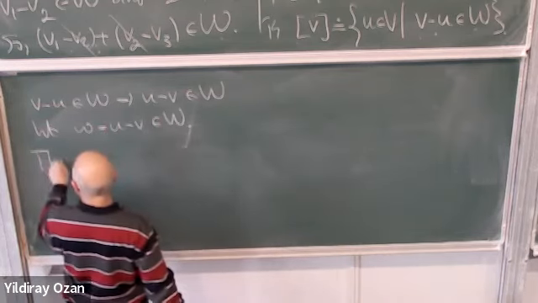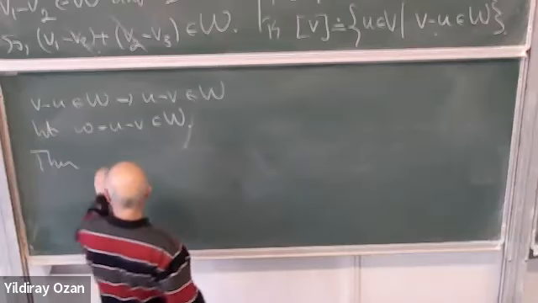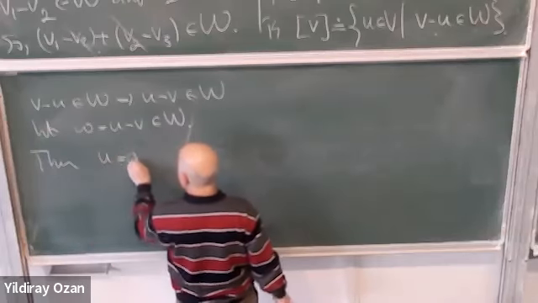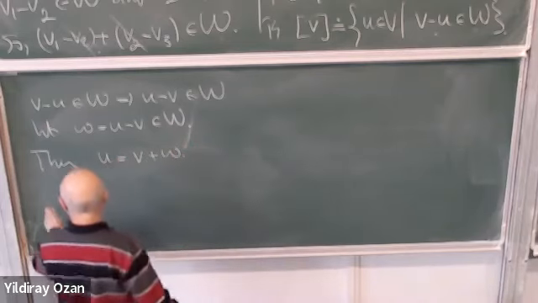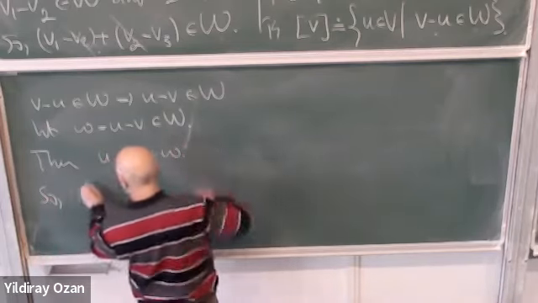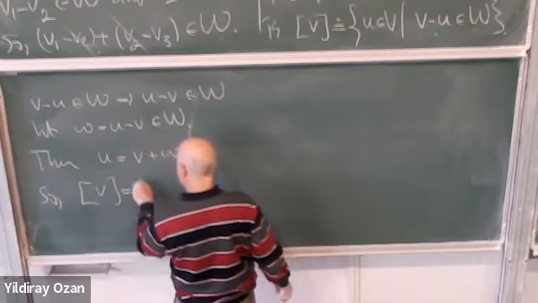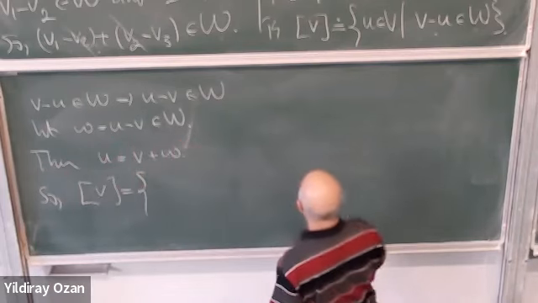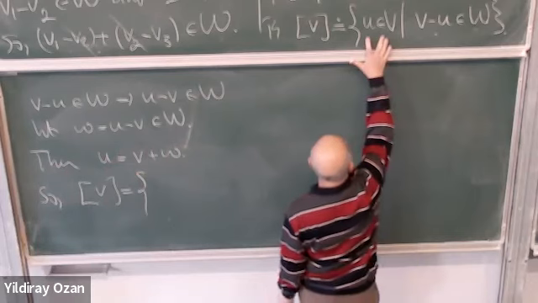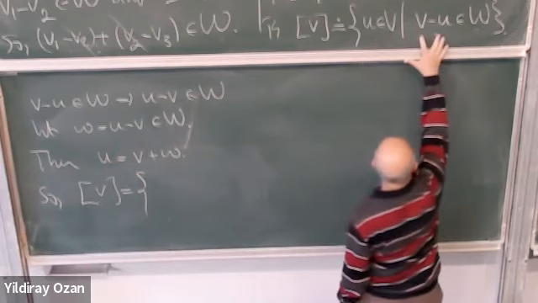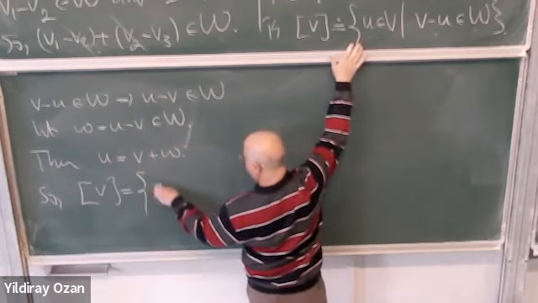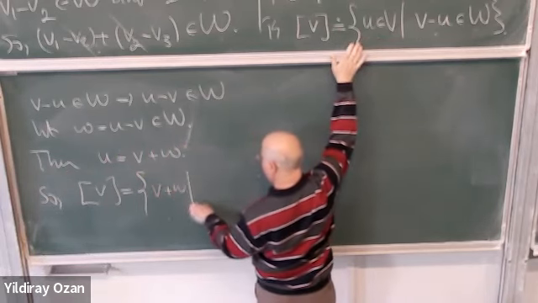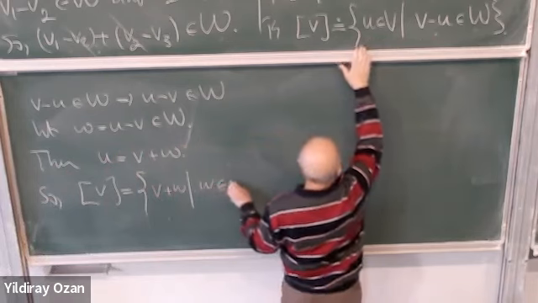Then what is u? u is just v plus w. So the equivalence class containing v is nothing but the set of u so that this difference is in W. But instead of u, I can just write this: v plus w, where w is in W.